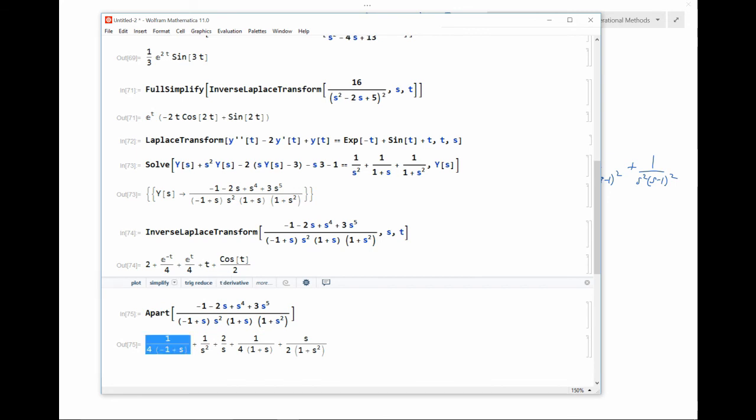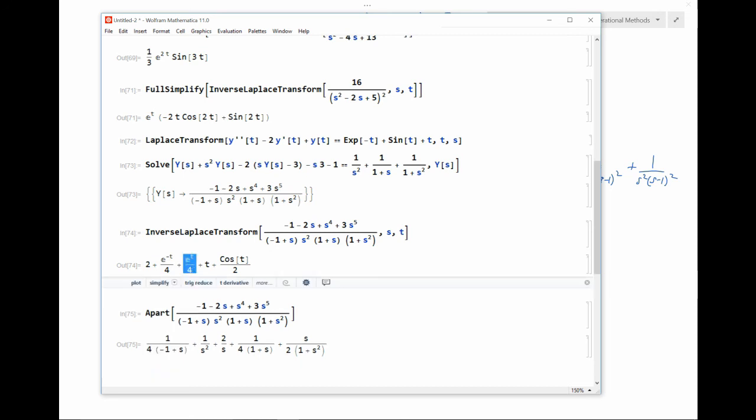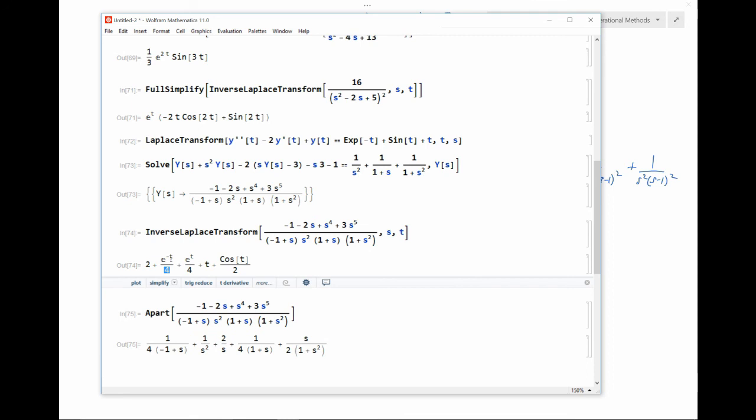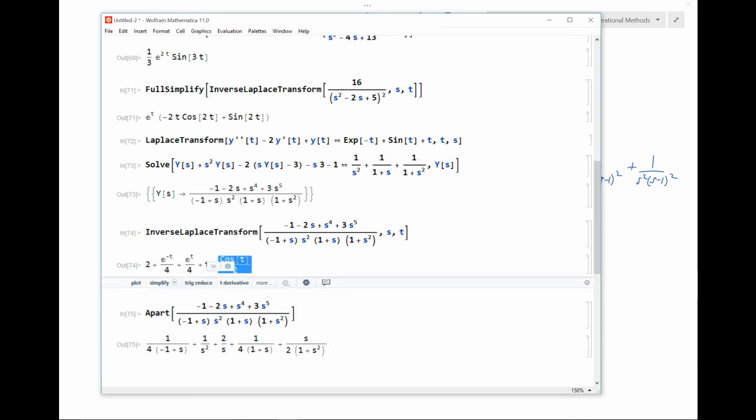S minus 1 should correspond to the e to the t, and since we have a coefficient 1/4, we also have a coefficient 1/4 over here. S plus 1 with a coefficient 1/4 translates into e to the minus t. And the last term is 1/2 of the Laplace transform of cosine, and we have exactly that in our solution.